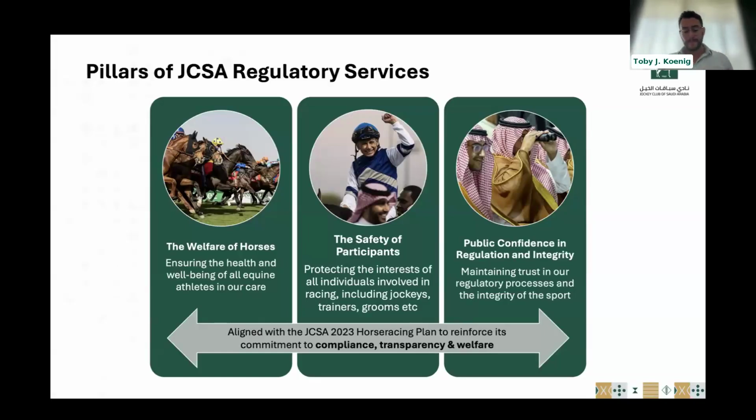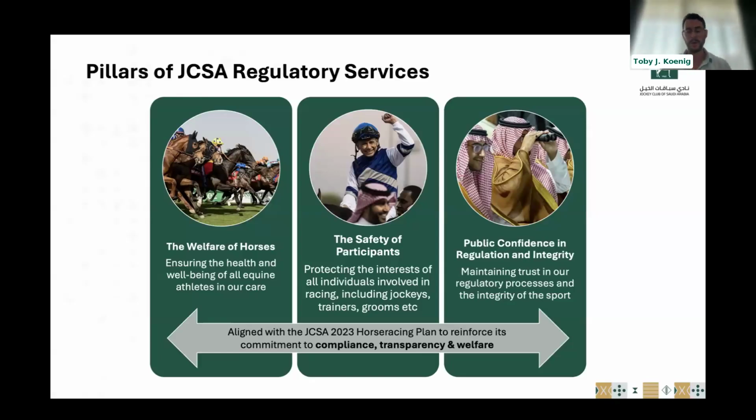So the principles that I always come back to form the foundation of our regulatory decisions, and I always feel to stress, and Bronte has touched on this, that we're not looking for reasons, and I had this conversation with Elin recently, we're not looking for reasons to prevent horses from racing. It's quite the opposite of that.